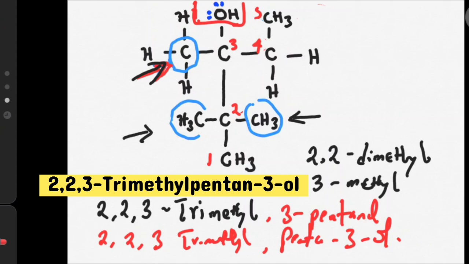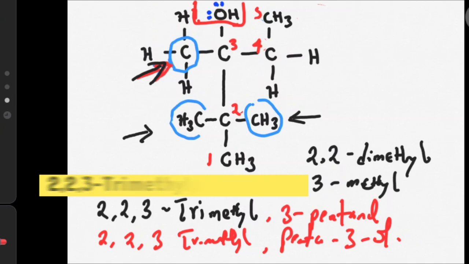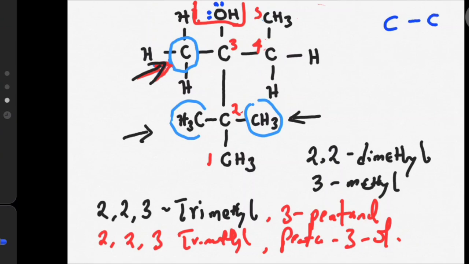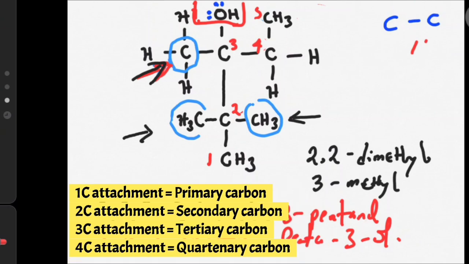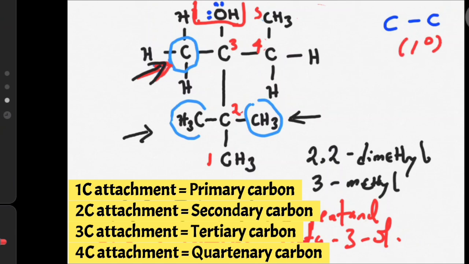Now, one last thing I need you to understand is that you have to know the nature or degree of the carbons. The degree of a carbon tells you how many carbon atoms are attached directly to that particular carbon. If a carbon is attached to only one carbon, we say it is a primary carbon, which we designate using the symbol.